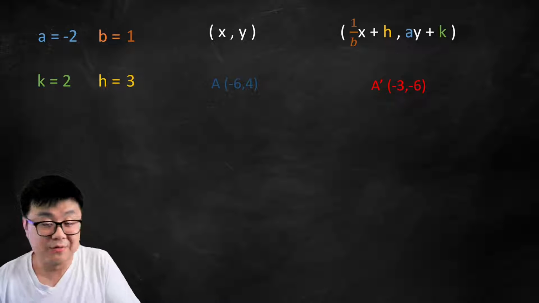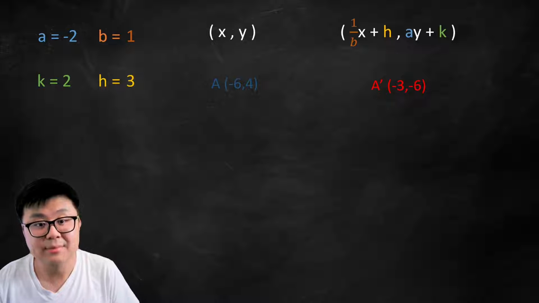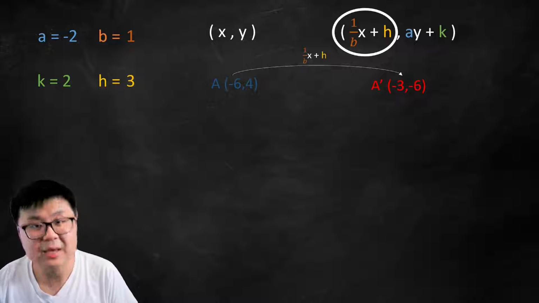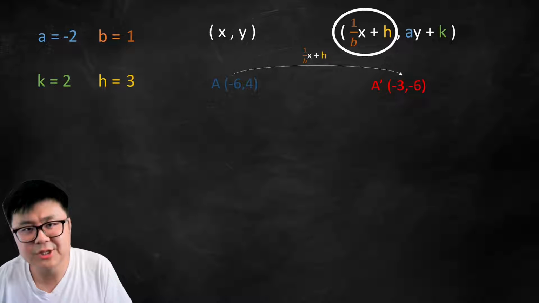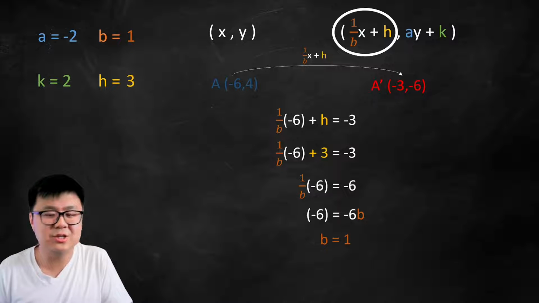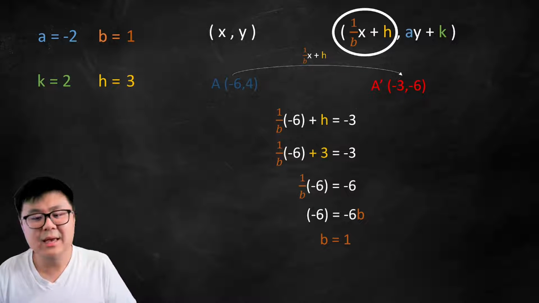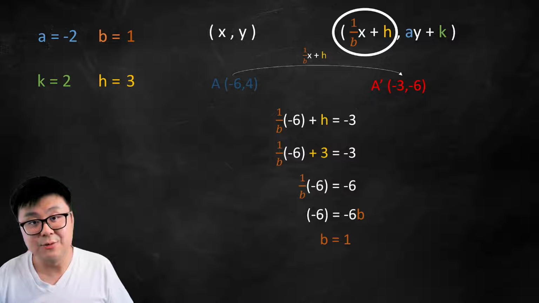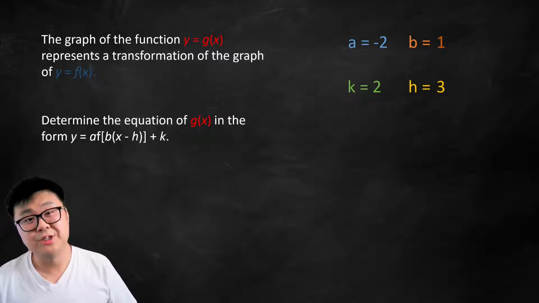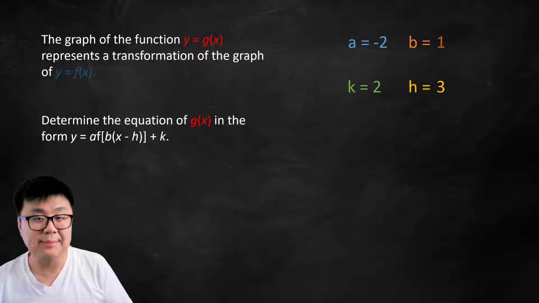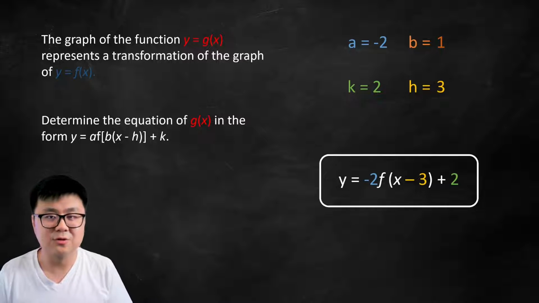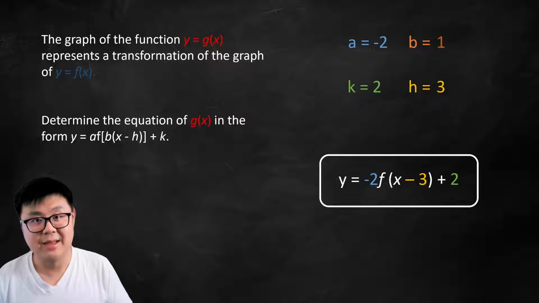We know that to go from, let's say, the first point of A to A prime, -6 to -3, it has to go through the mapping notation, so set up the equation. We know the h is already +3, solve for b, and it's no surprise that we get b equals 1 here as well. So for this question, we have finally figured out our a, b, h, k's, and we can plug that into where they belong to give us our final answer here.